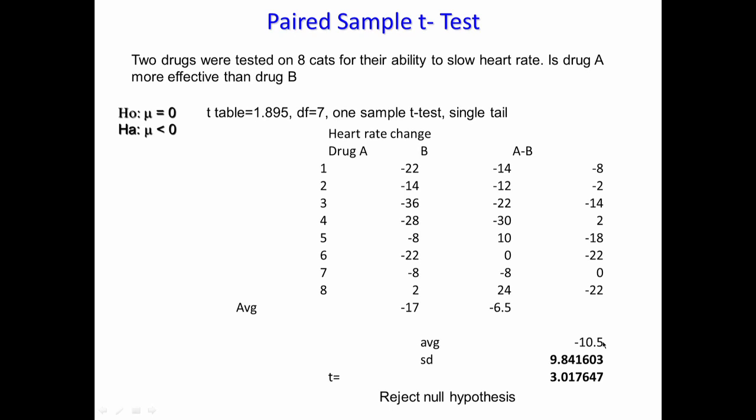X bar minus mu divided by S divided by square root of n. N is 10, so square root of 10, S is 9.8, x bar is minus 10.5. When I calculate I get 3.01, table T is 1.895 for 7 degrees of freedom. So for 1 sample t test single tail 1.895, so you reject the null hypothesis.